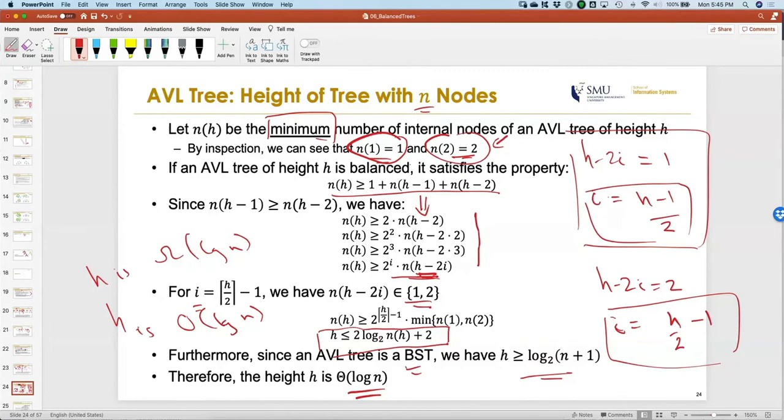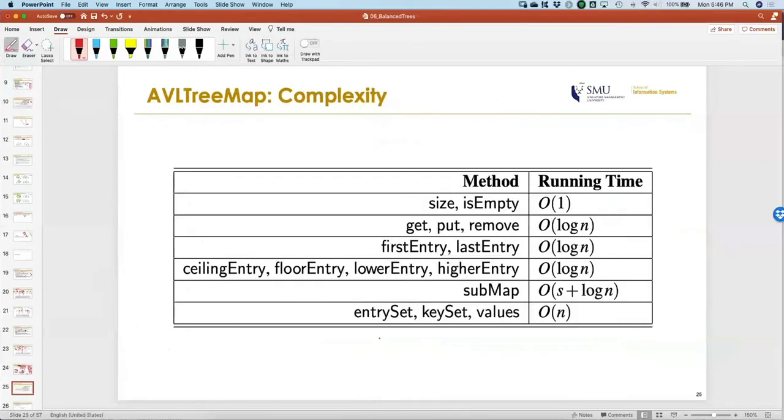Now that gives us the confidence that if we keep the tree balanced at any point of time, the height will always be in the order of log n. So any kind of searching and any kind of operation that I'm going to do on this tree, as long as it is a balanced tree, we are guaranteeing that the complexity is going to be log n. Now, in the previous cases, all of this is going to be O(h), where h is the height.